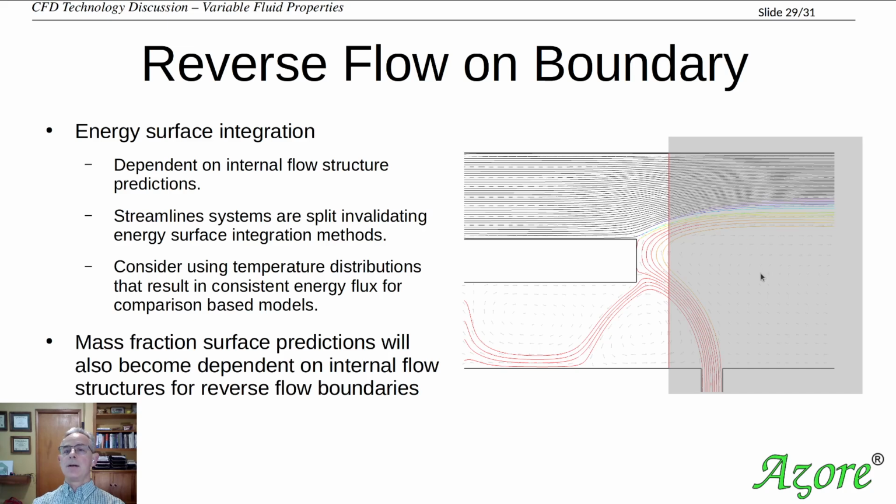That way we are being consistent about the amount of energy being put into our system. So that would be one suggestion to consider when you have inflow on a boundary and you're trying to pick your boundary conditions, yet want to have energy-conservative evaluations of temperature distributions downstream of our boundary condition. And of course, the same considerations should also be exercised for our mass fraction fields, if you have a mixture system.